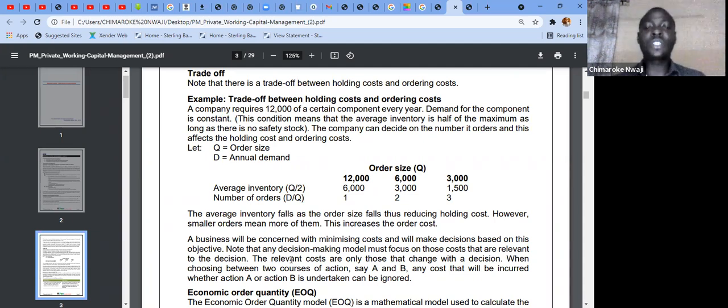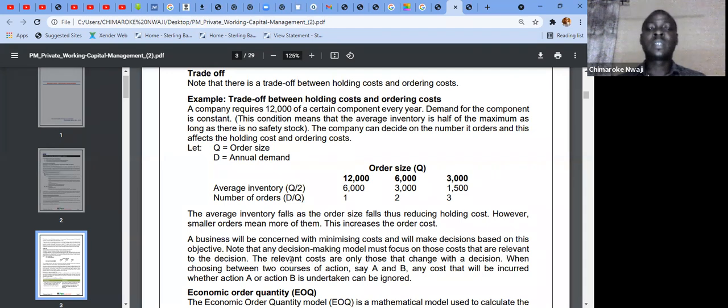Now the average inventory falls. You see now, the average inventory falls as the order size falls. So you see from 12,000, when it falls to 6,000, it means that the average inventory has fallen from 6,000 to 3,000.